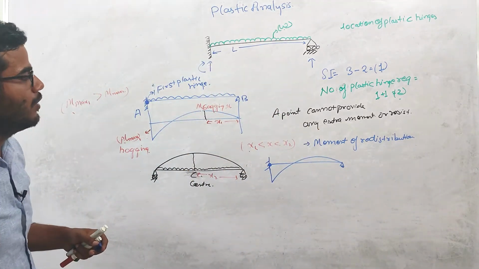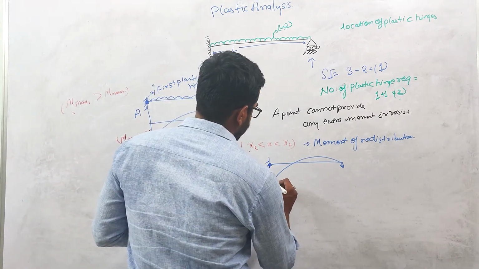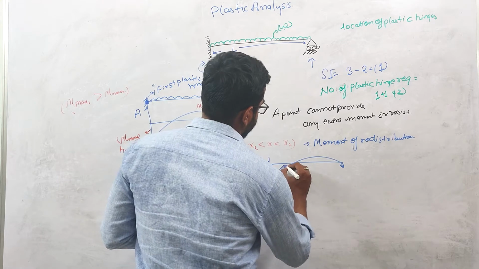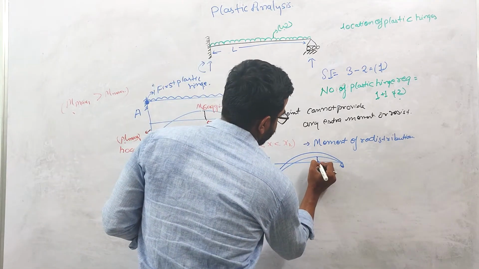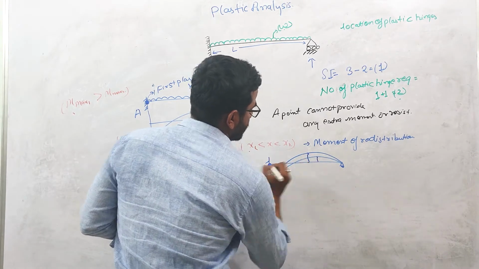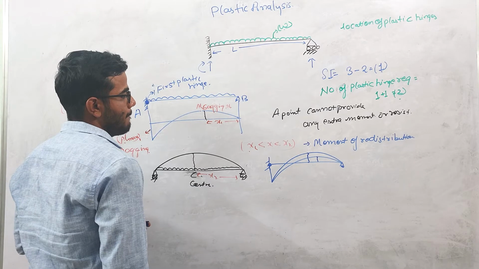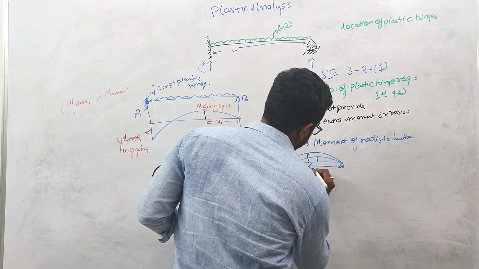Now if you are further loading till the formation of the second plastic hinge, the bending moment at this point will not change. It will increase like this. Initially the bending moment was maximum at this point, now it will be maximum at this point. So we need to find the exact location of this x.